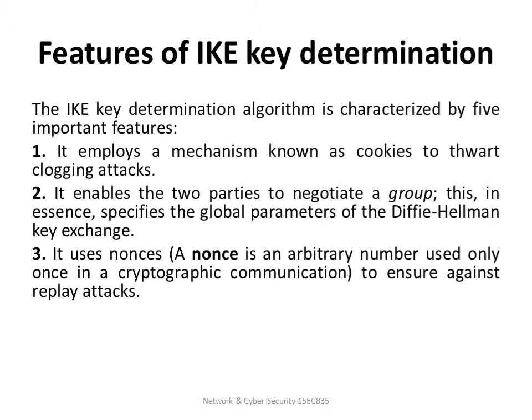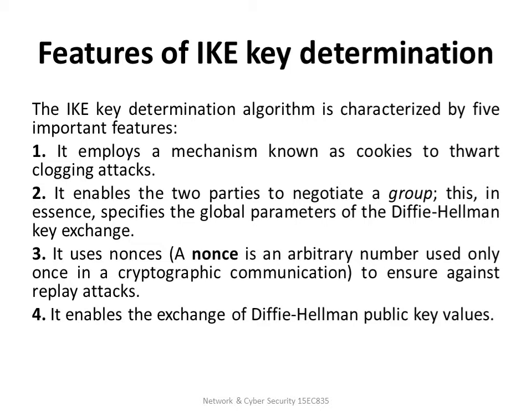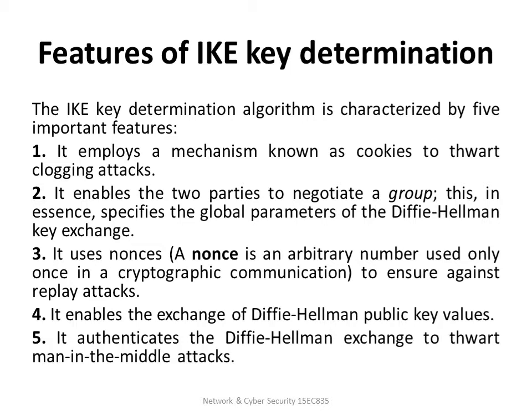Now, what are nonces? A nonce is an arbitrary number used only once in a cryptographic communication to thwart replay attacks. It enables the exchange of Diffie-Hellman public key values. It authenticates the Diffie-Hellman exchange to thwart man-in-the-middle attacks. So these are the features of IKE key determination.